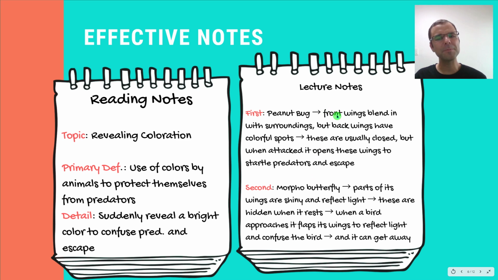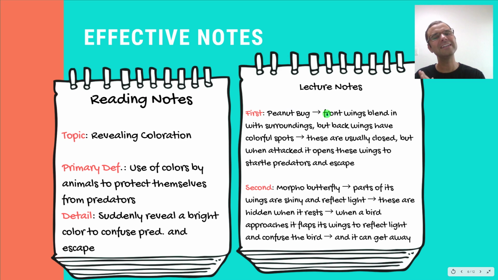Well, first up, you want to get notes about the first example given. Or, in the case of a single example, notes from the first part of the example. In this case, the lecture has 2 distinct examples, so I started with the first one. I just noted, well, the first example is the peanut bug.